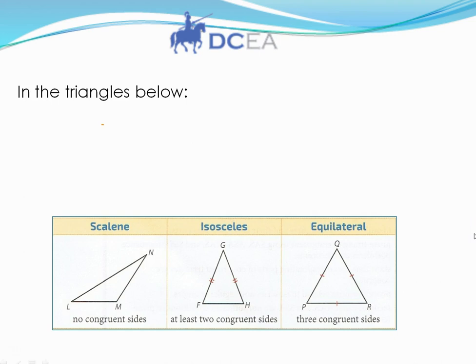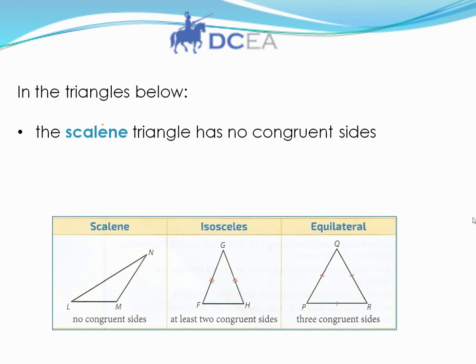Now the last triangles that we named were being named by their angles. The next set of triangles are going to be named by their sides. So we begin with the scalene triangle. The scalene triangle has no congruent sides. That means that each side length will be a different length.